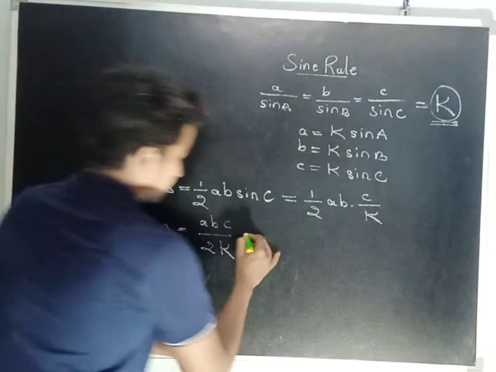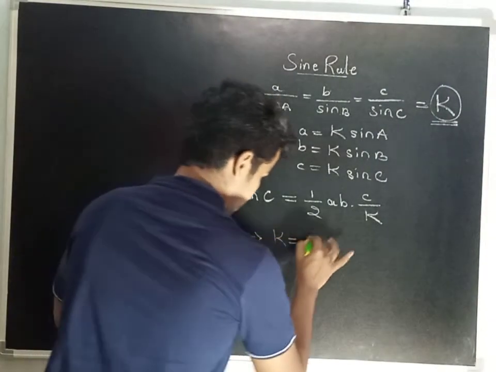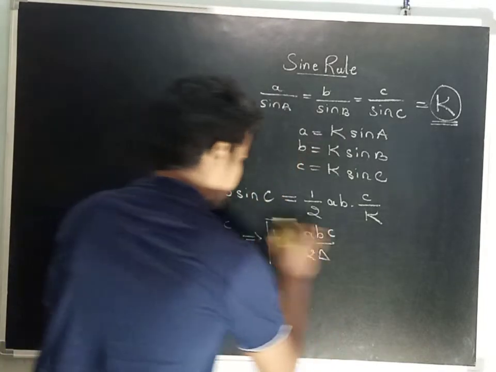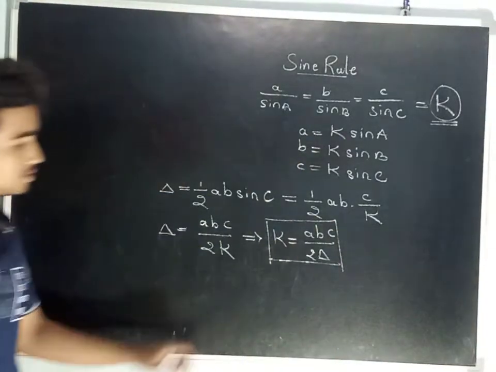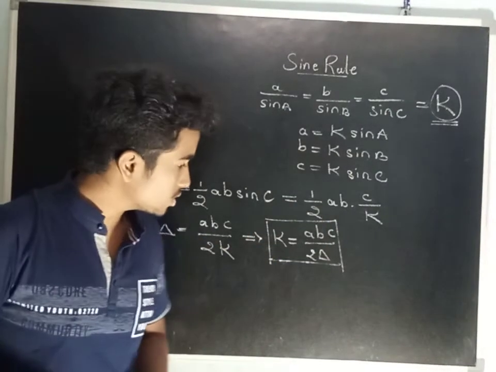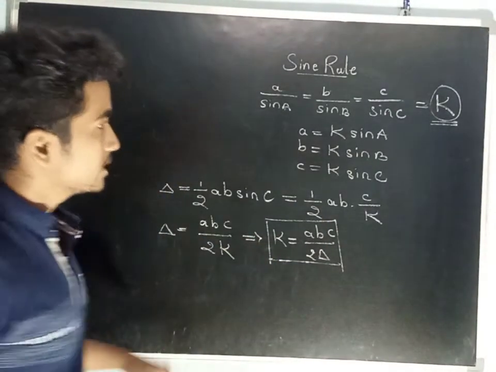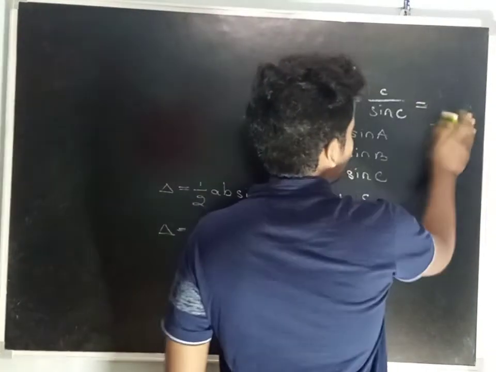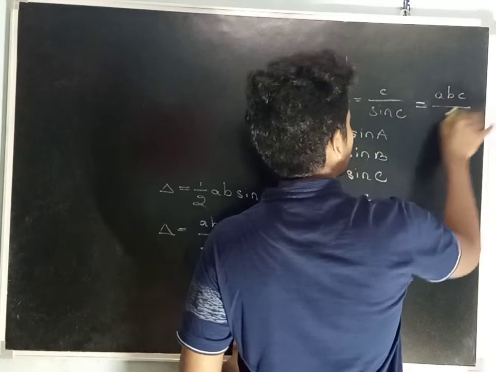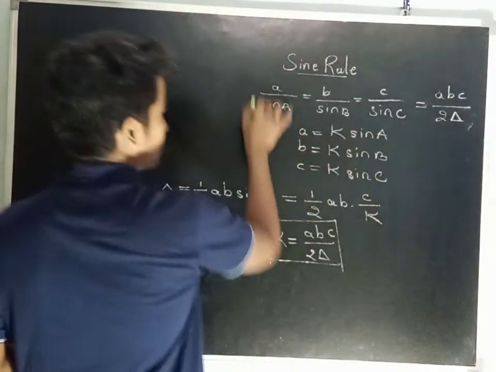Here k can be written as abc by 2 delta. This k is nothing but abc by 2 delta, that is, abc by 2 into the area of the triangle.